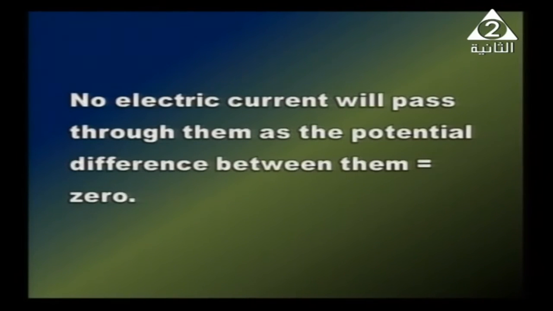And we said before that to pass the electric current, it must flow from the higher electric potential conductor to the lower electric potential conductor.